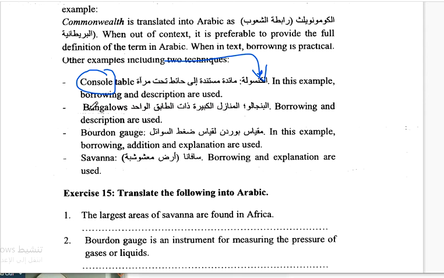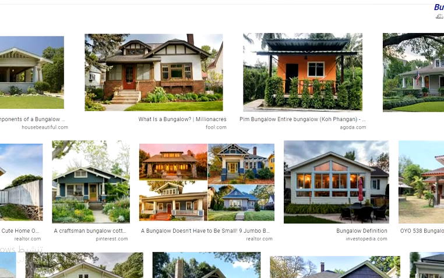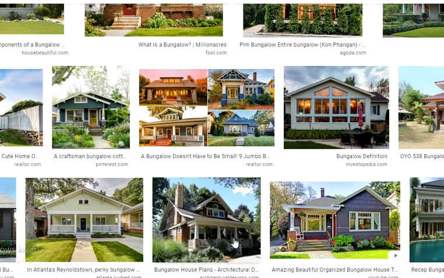So bungalows, we heard the term bungalow وهي المنازل الكبيرة ذات الطابق الواحد. For example, this picture is for bungalow. It's one house with just one roof, and usually they are big houses. For example, this is bungalow.